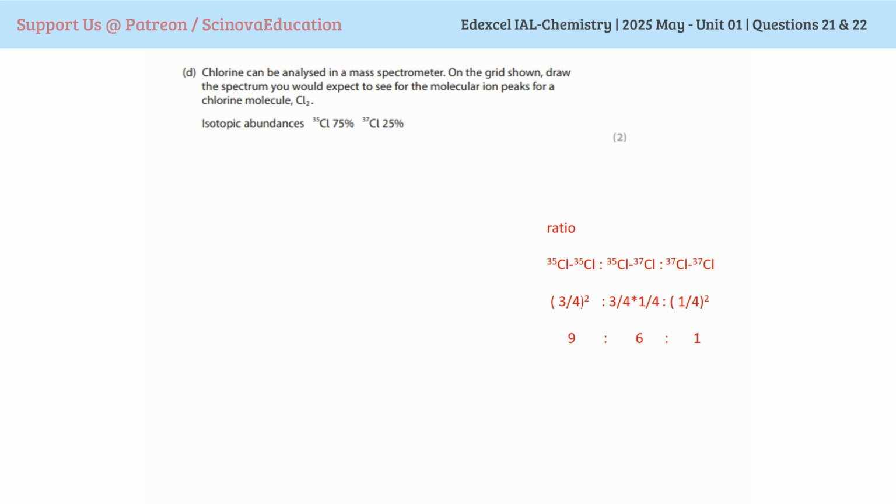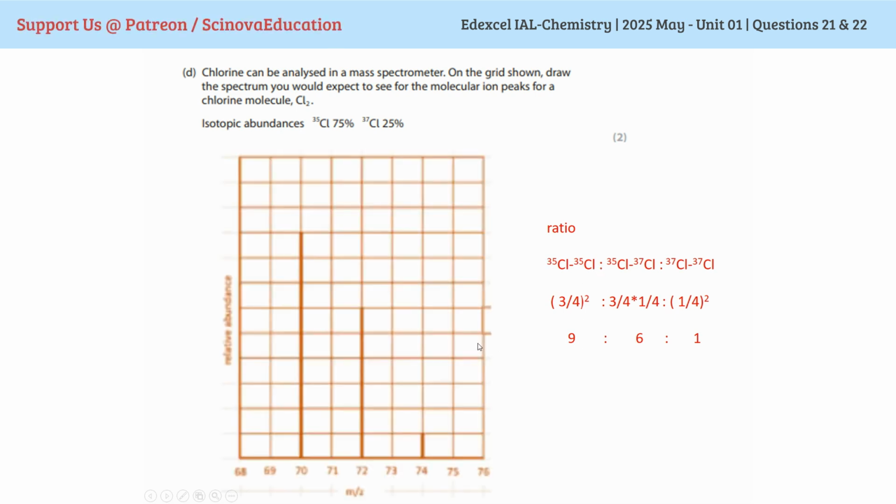So in the grid provided, you have to draw lines at mass 70, a line representing 9 squares, at the mass of 72, 6 squares, at 74, 1 square.